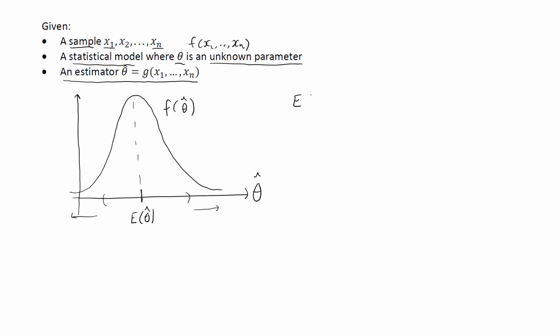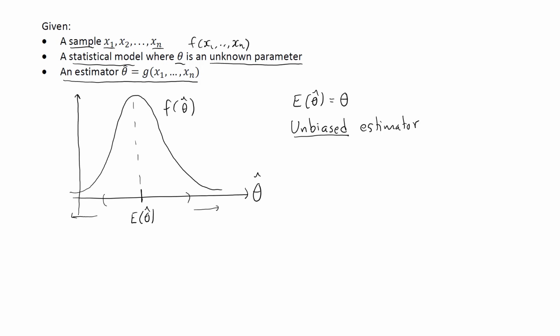If this expected value is equal to the unknown parameter, the number that you are trying to guess, then that is pretty good news. It means that your rule, in a sense, is on average correct. You have then created a nice estimator, and such an estimator will be called an unbiased estimator.